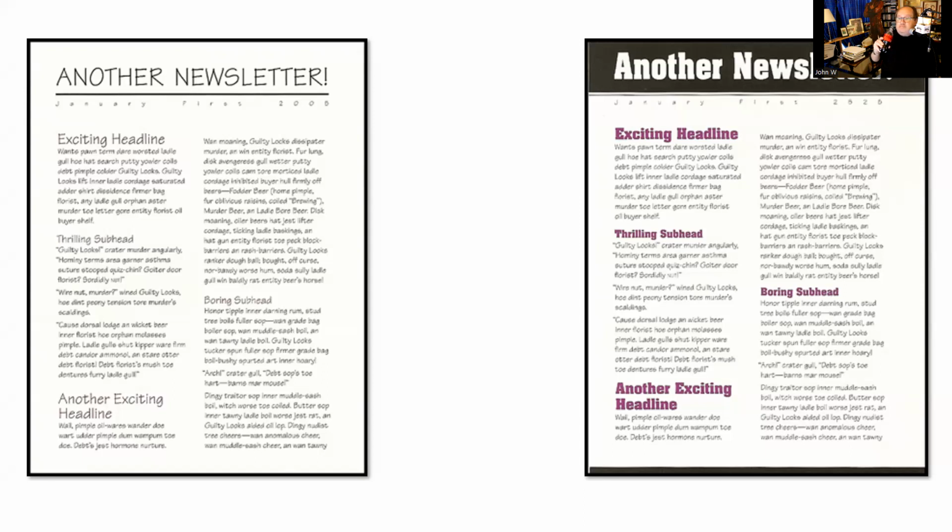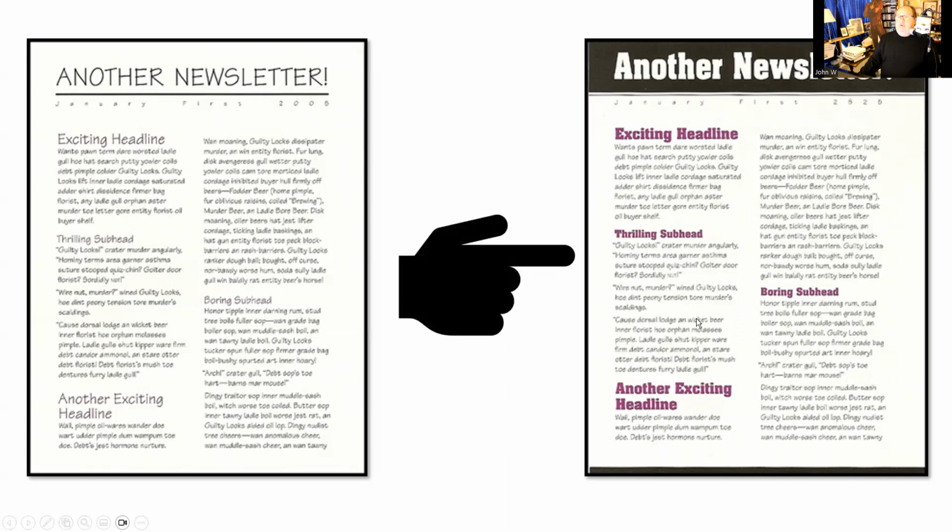It's more engaging. And also you can guide people to what they really care about. Like if one of these subheads was some kind of meeting that you wouldn't attend because you're not that demographic, then you might not even read it. So I would go with the one on the right.